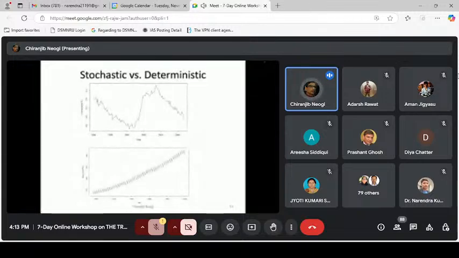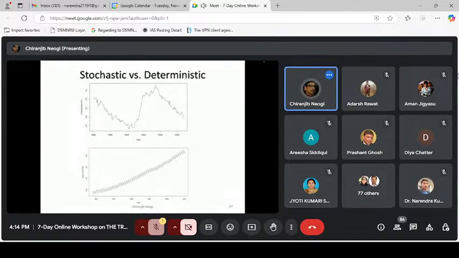We know that value, a0 or something like this. So I know it is a deterministic change. But in a stochastic time series, a pure stochastic time series, I cannot predict the value at a future time point.